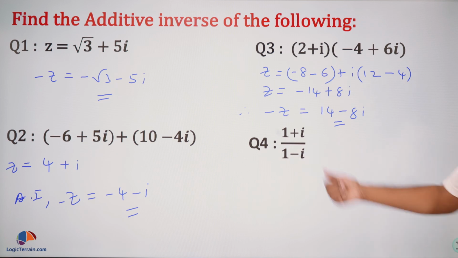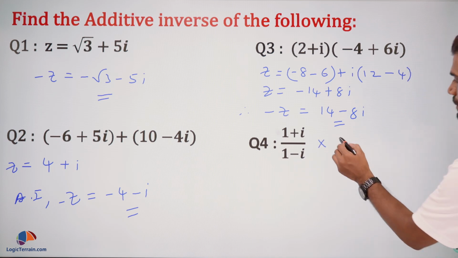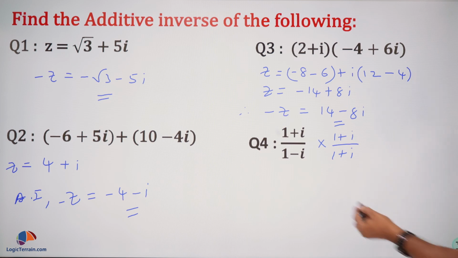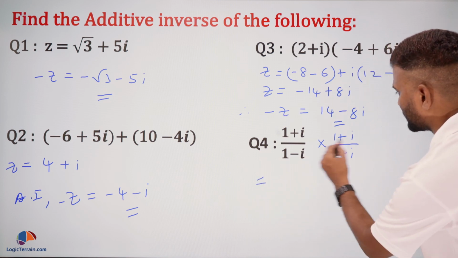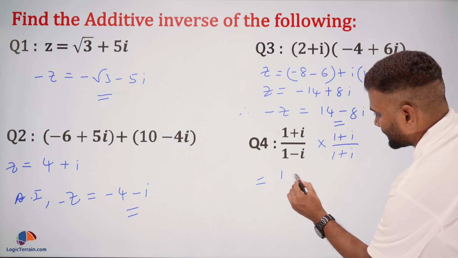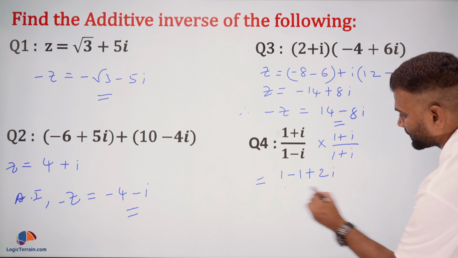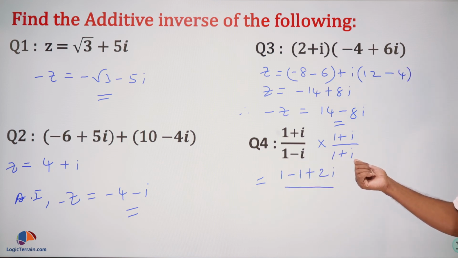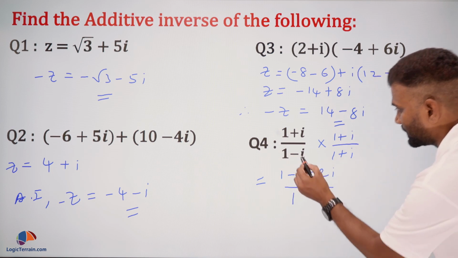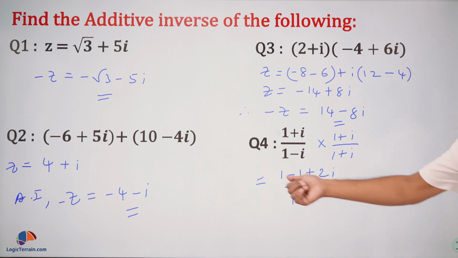For this, first we will rationalize and simplify. So, we will rationalize the denominator with 1 plus i. The numerator looks like a plus b whole square, a square 1, i square negative 1, plus 2ab, 2 into 1 into i, 2i, upon the denominator, which looks like a minus b into a plus b, a square minus b square. 1 square is 1, i square is negative 1, negative into negative positive, and 1 minus 1 is 0, so 1 plus 1 is 2.